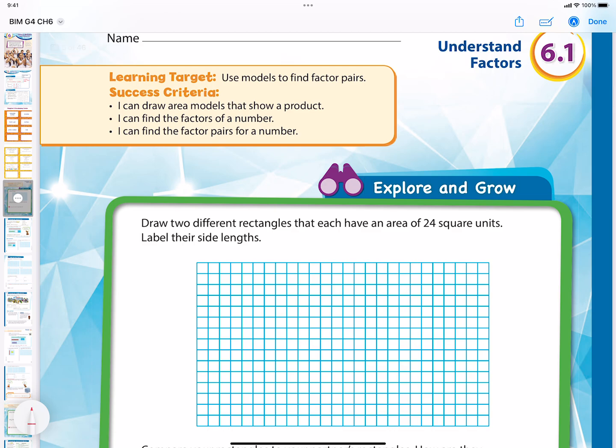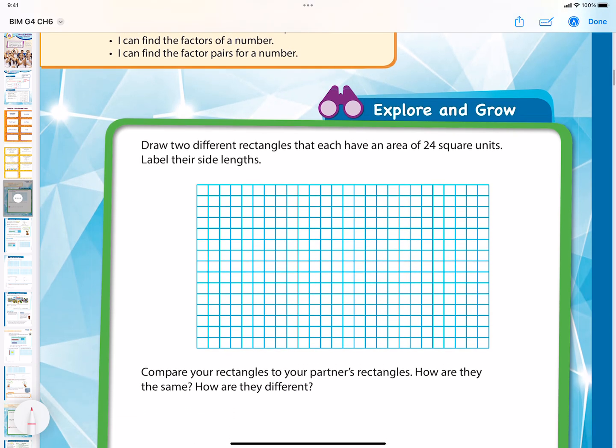Understand factors. Okay, so draw two different rectangles that each have an area of 24 square units. Label their side lengths. So you need to have 24 square units in the rectangle. The simplest one is what? I'm going to use 1 times 24.